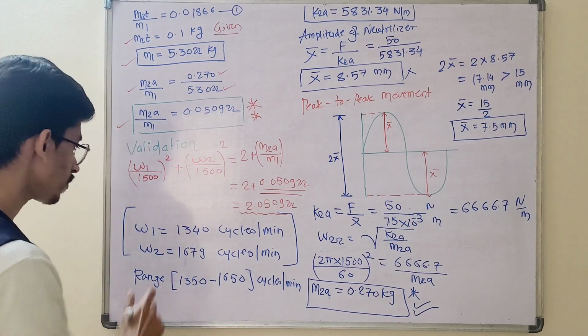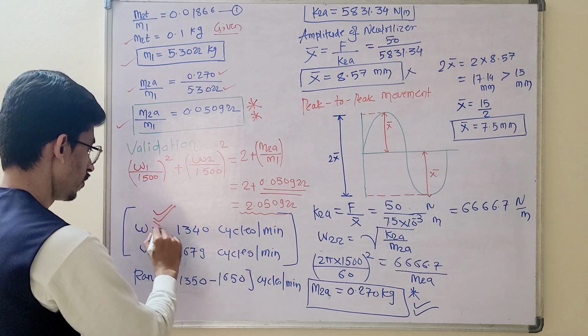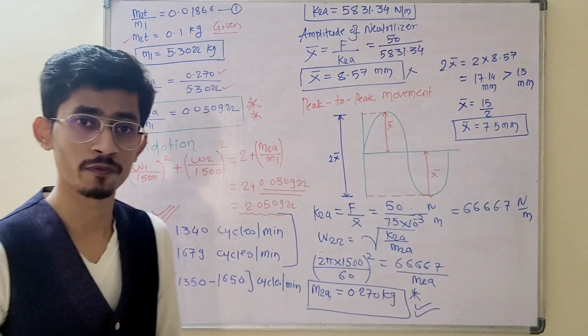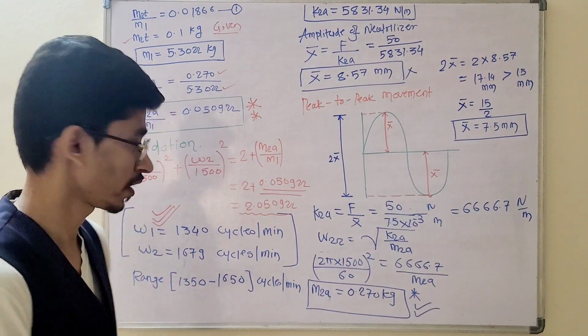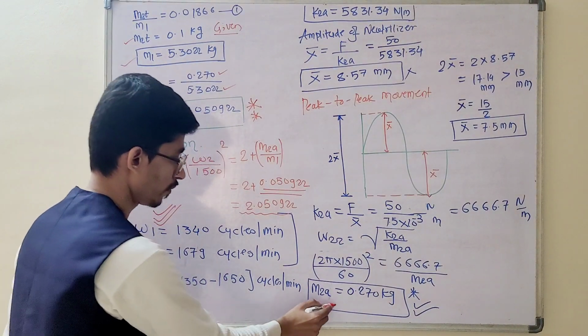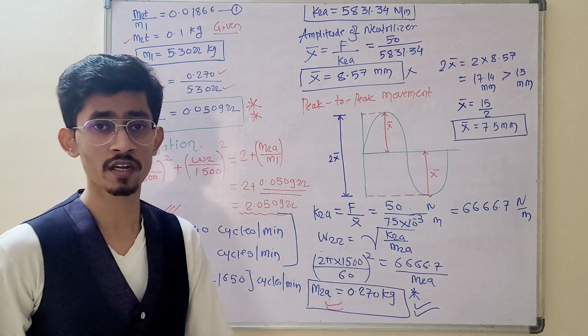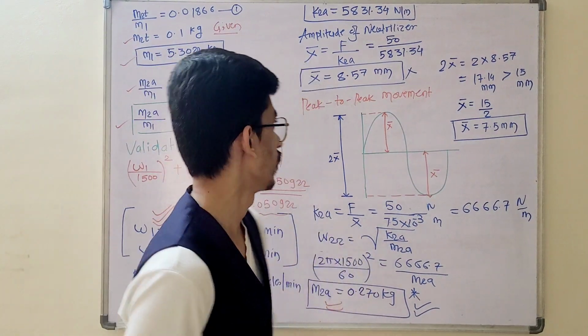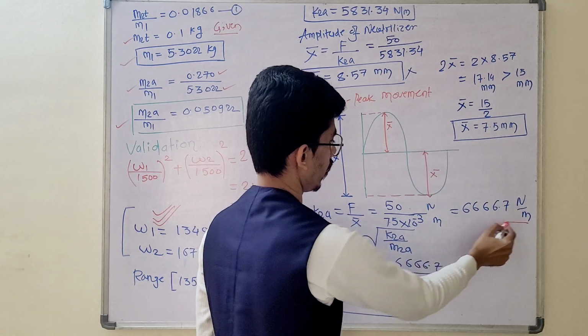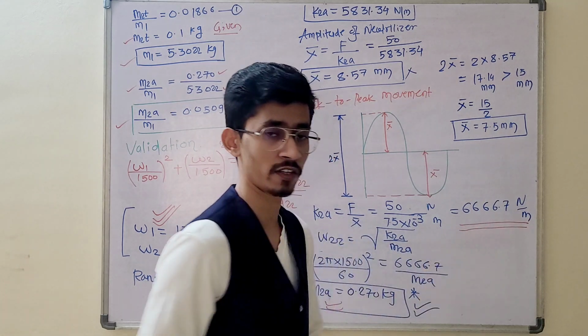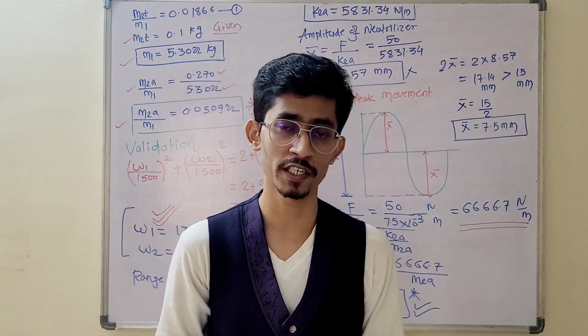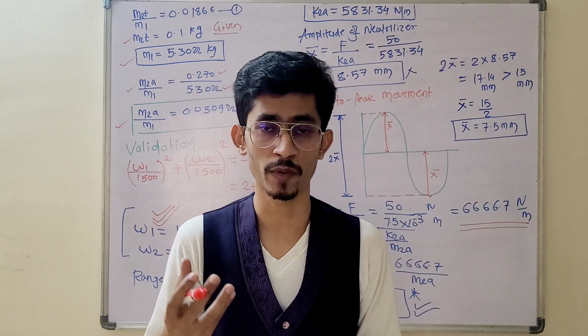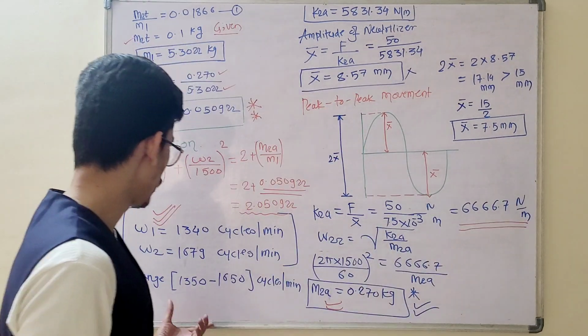So the obtained results are truly correct. So how are we going to validate? In a similar manner, we can say the obtained results, or this mass, is truly validated with the newly designed system, or this newly designed stiffness is validated, or the newly designed mass is validated, because the obtained frequency of the combined system lies outside the given frequency range.